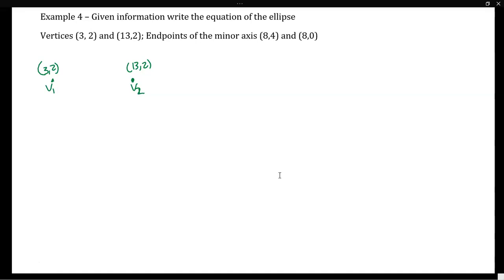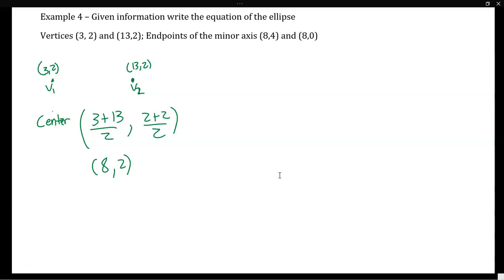So now I told you that if you have the two vertex points, the center is the midpoint of the two vertex points. So our center is going to be 3 plus 13 divided by 2 and 2 plus 2 divided by 2. So that's 16 divided by 2, which is 8, and 4 divided by 2, which is 2. So the center is 8, 2.